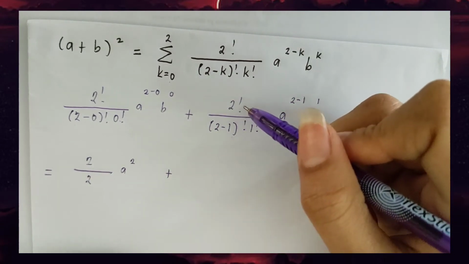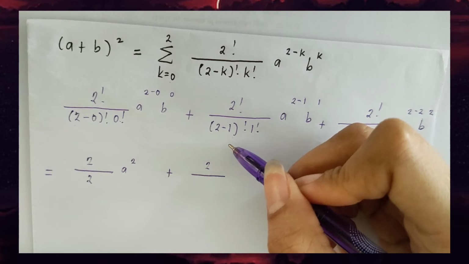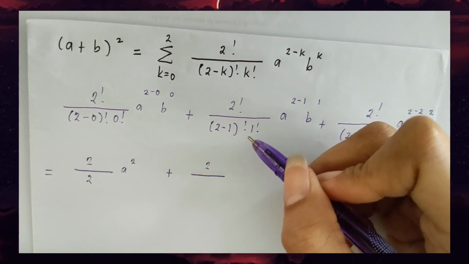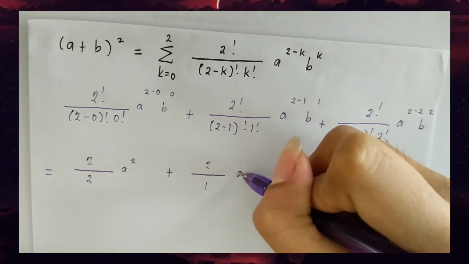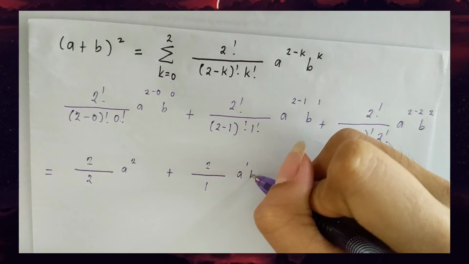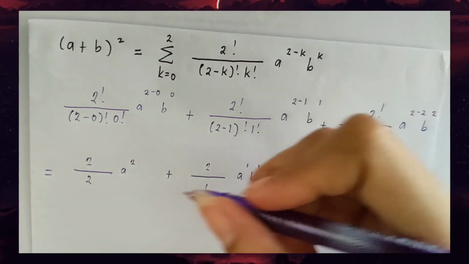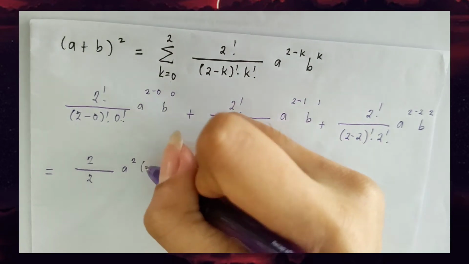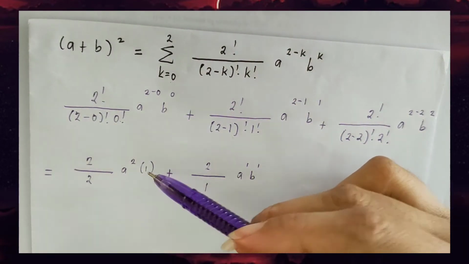Plus 2 factorial is 2, all over 2 minus 1 is 1. 1 factorial is 1, 1 times 1 is just 1. So we have a, 2 minus 1 is just 1, and then b raised to 1. So let me write this one to avoid confusion. b raised to 0 is 1.